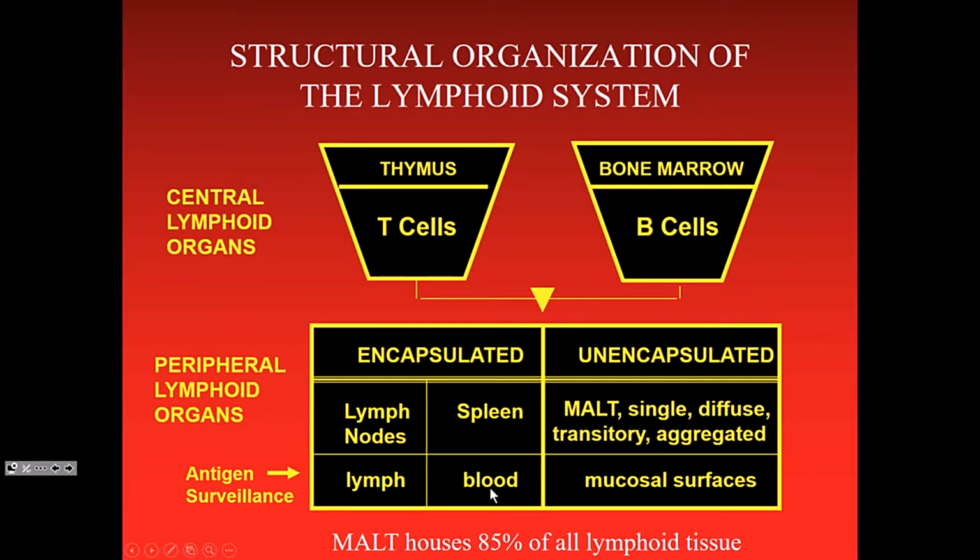So in all cases, whether it's filtering the lymphatic fluid, blood, or you have cells in the mucosal surfaces, the function is antigen surveillance. In other words, the immune system is on the lookout for any foreign antigen, surveilling for any foreign antigen to which it may mount an immune response.